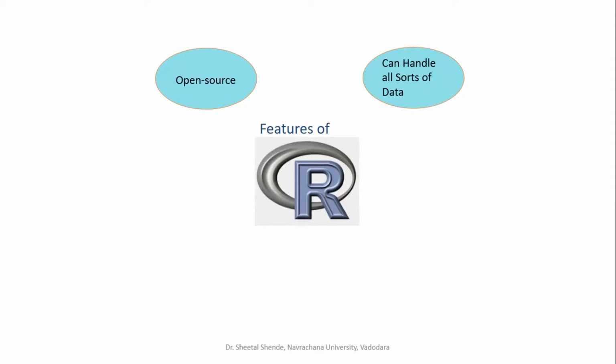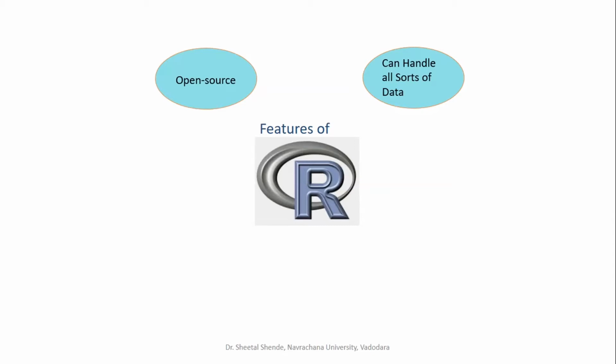So any sort of data, no matter how big that data is, we can have a solution in R to analyze it. So it has data handling capacity, as well as the capability to store that data.